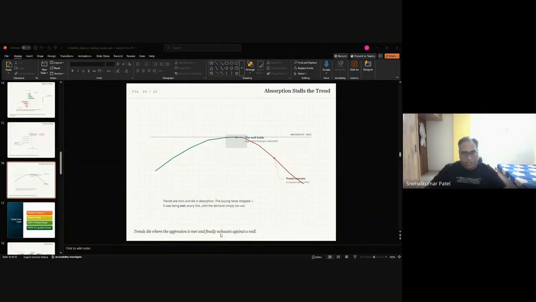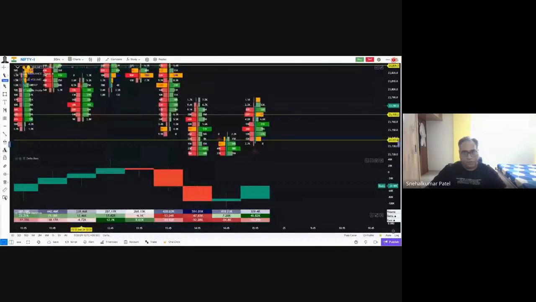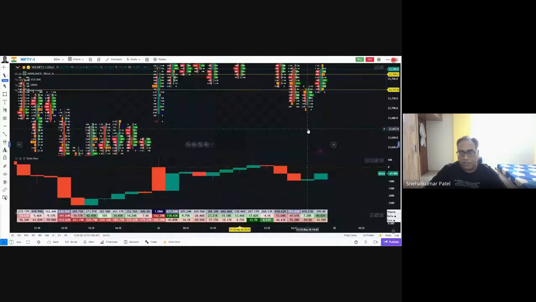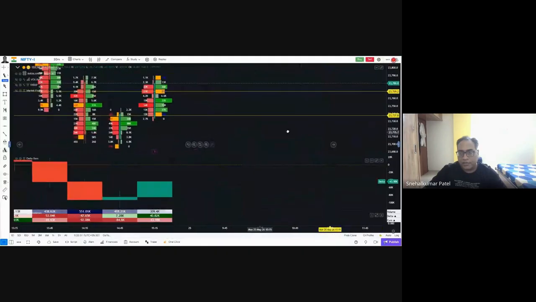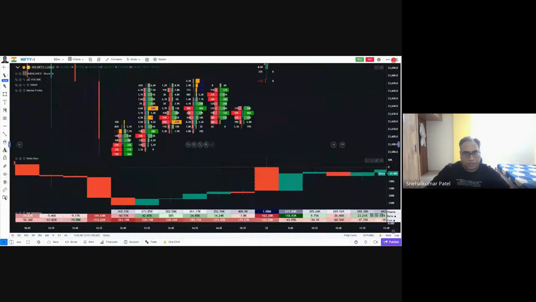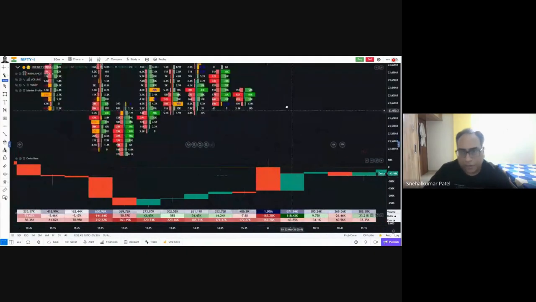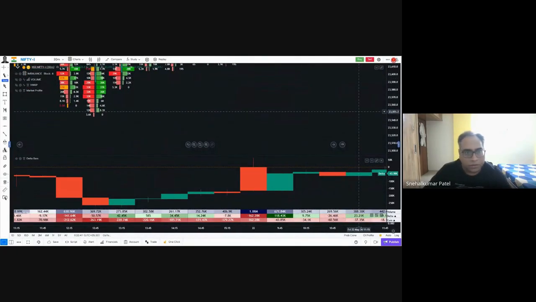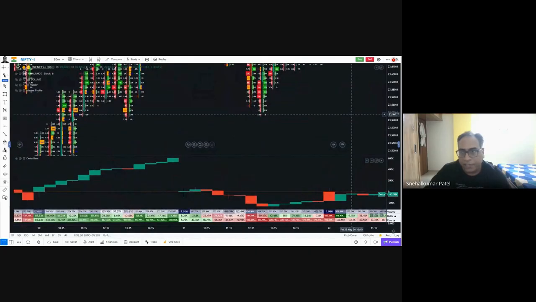So I will give some example where the price has moved from a particular level. Especially the round figure number. We'll try to look at that. So this is 23,550, right?